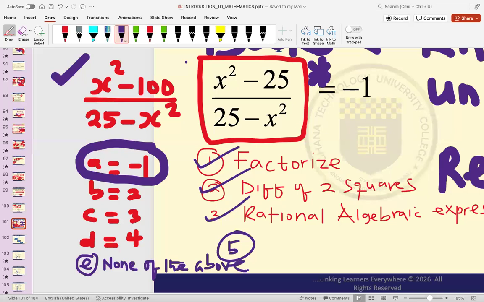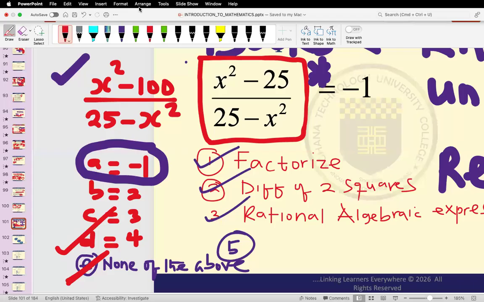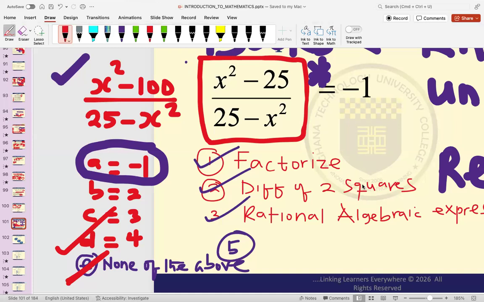So in case you work a question and your answer is not within the answers that have been given, just go and choose E, none of the above, because your answer is not within the answers that have been given. And once you choose that, and I check that really your answer is correct, then quickly I'll mark you correct. Okay. Any other question? Yes, Abraham, thank you.